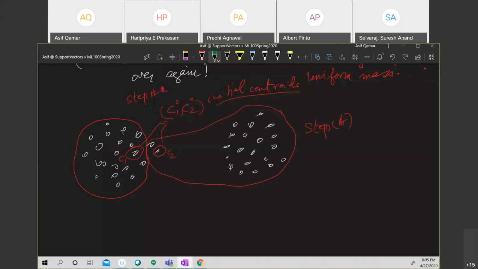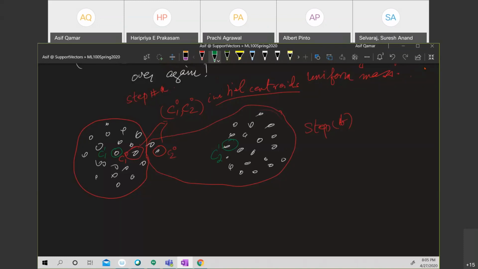Would you agree that the centroid is probably this one? Let me use the word C0 and this C1. Would you agree with that? And if you look at this, perhaps the centroid is approximately here, C2. In the first iteration, this is the centroid of the cluster here. Would you agree, guys?